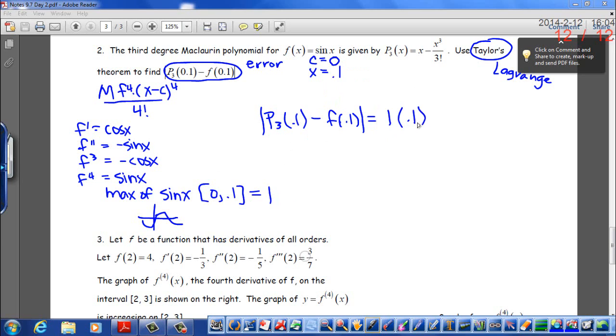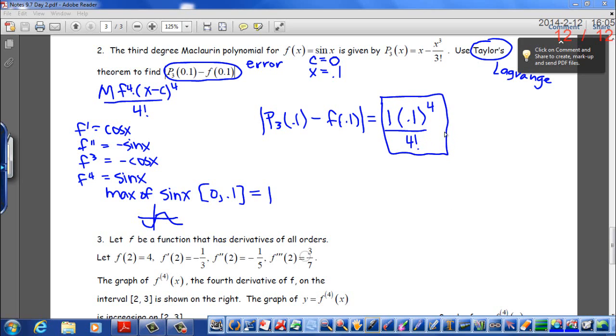And this is all absolute value, so I'm just going to take the bigger minus the smaller to the 4th power over 4 factorial. And that is your error. That's an acceptable error. Your error has to be smaller than that number. Without a calculator, or even, well, most of the time, if they don't let you use a calculator on this, this answer is perfectly acceptable. You may leave your answer like this right here.